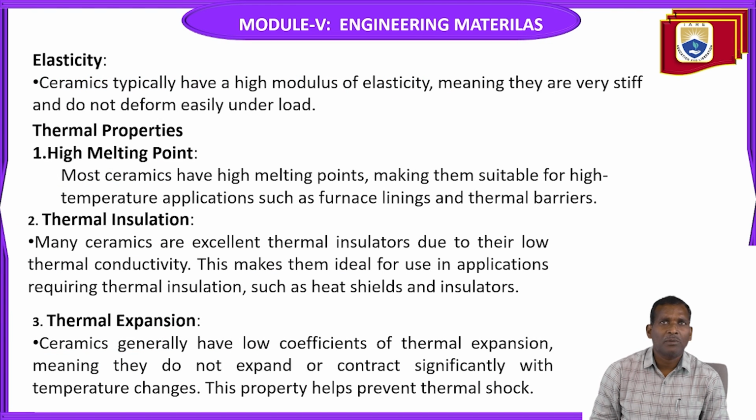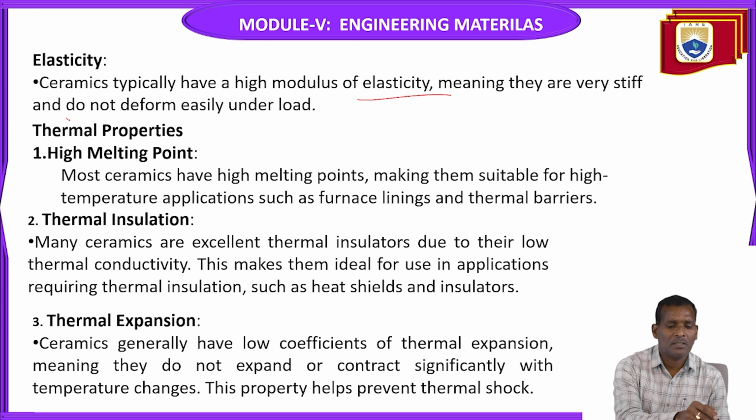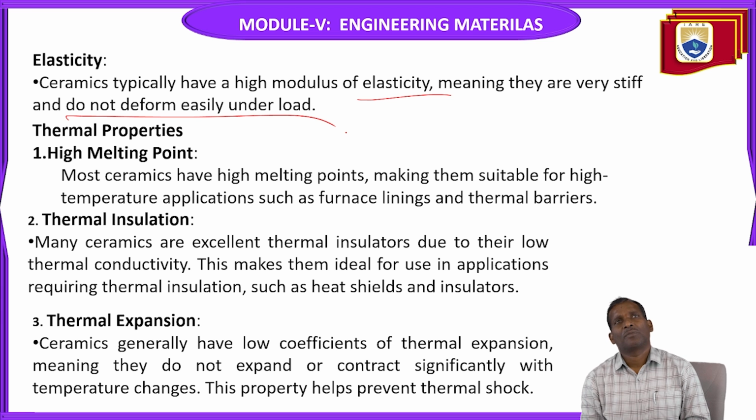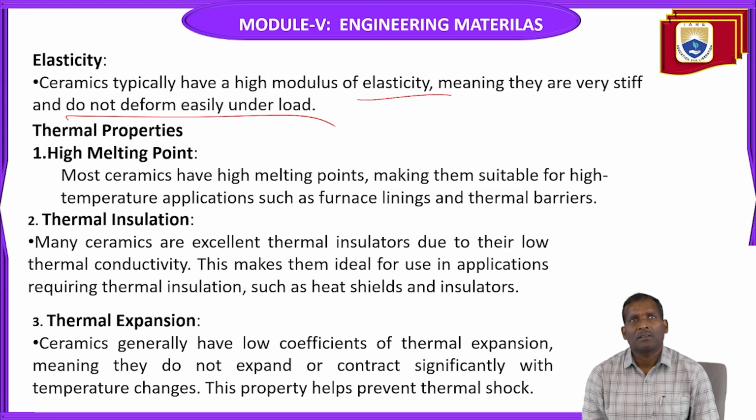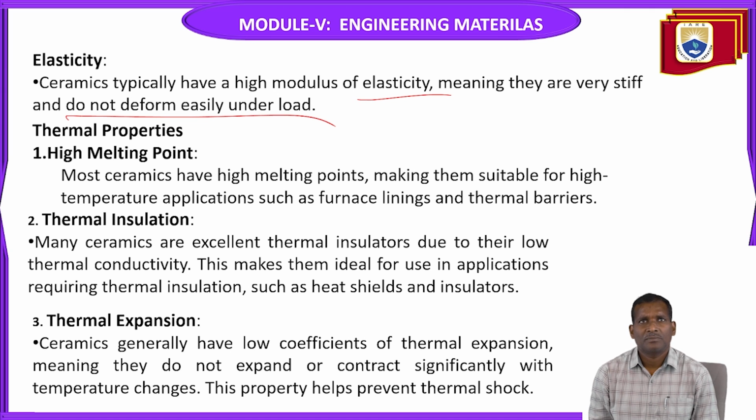Ceramics typically have a high modulus of elasticity, meaning they are often very stiff and do not deform easily under load. Elasticity means that after removal of load, the material can regain its original shape. That is the elasticity definition.